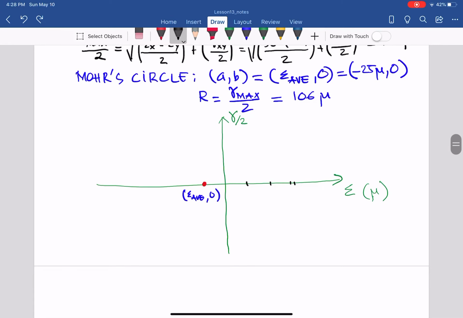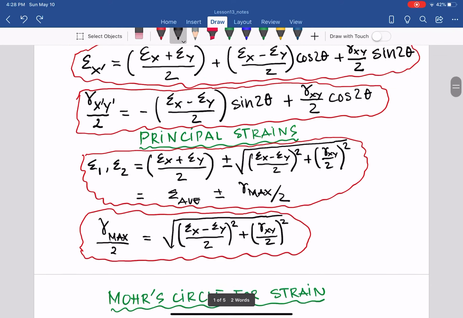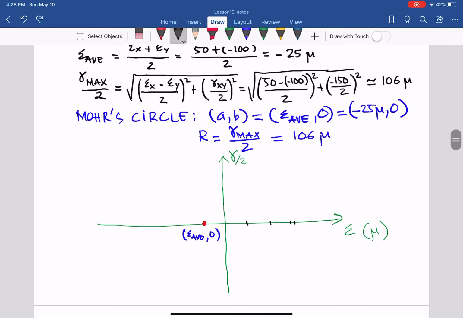Similarly, we have here. So we can draw the circle for the Mohr circle.